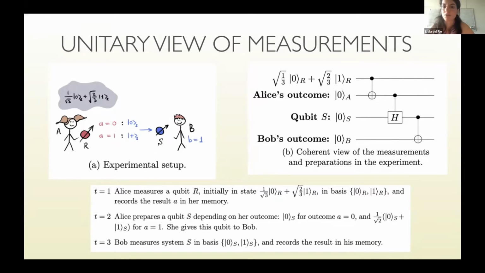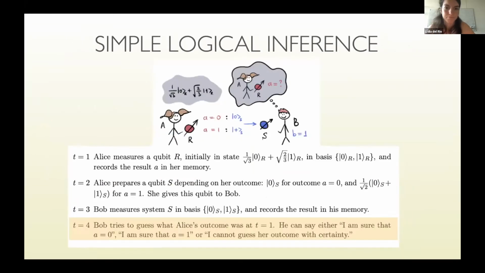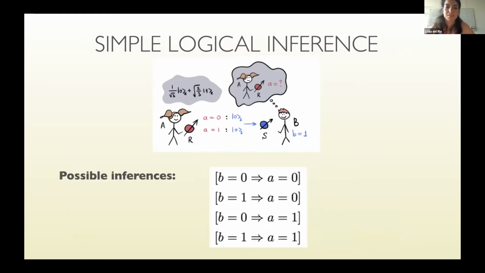Now we forget this unitary view and add a game element: Bob needs to guess what Alice's outcome A was, depending on what he got. So he observes B, which could be 0 or 1, and then he needs to guess what A was. Let's think a little about this.